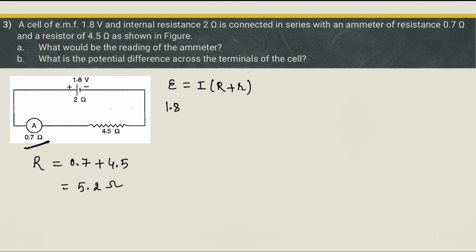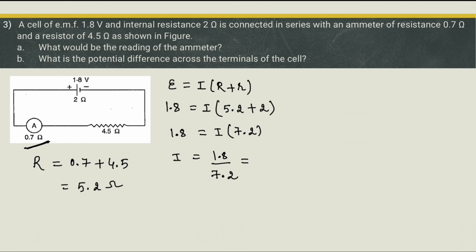EMF 1.8 is equal to I, external resistance 5.2 plus internal is 2. So 1.8 is equal to I into 7.2. Current is 1.8 upon 7.2, which is 1 by 4, equal to 0.25 ampere. So current in the circuit is 0.25 ampere.